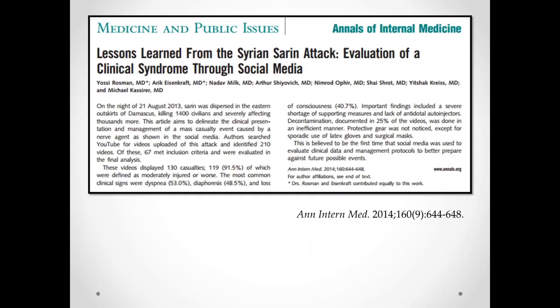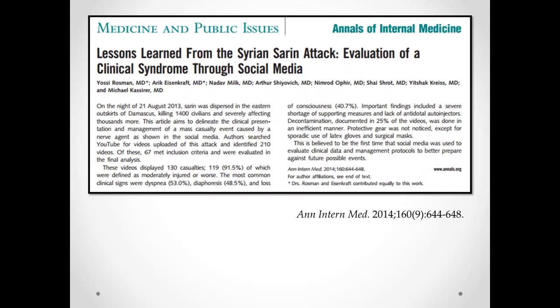It's very innovative because the authors here actually did a systematic review of these social websites and looked at videos of people who suffered from chemical weapons exposures, and then they reported on the symptoms and the management of these patients. So it's quite interesting, I think, and it's quite unique.